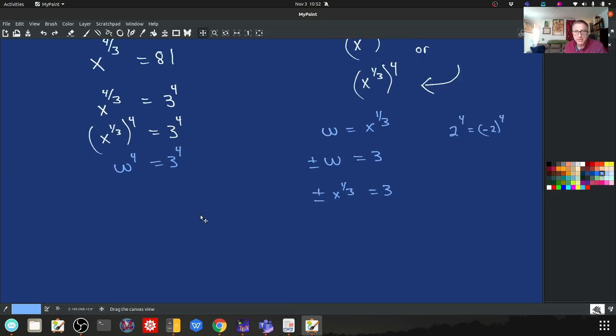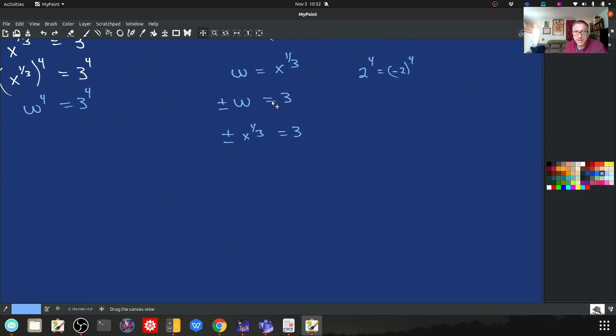All I did is replace w with x to the 1/3. Now I'm going to break this down. That means plus x to the 1/3 is equal to 3, or minus x to the 1/3 is equal to 3. But this is the same thing, if I multiply both sides by a minus, as saying x to the 1/3 is equal to minus 3.